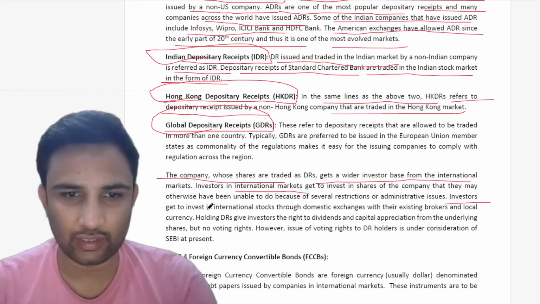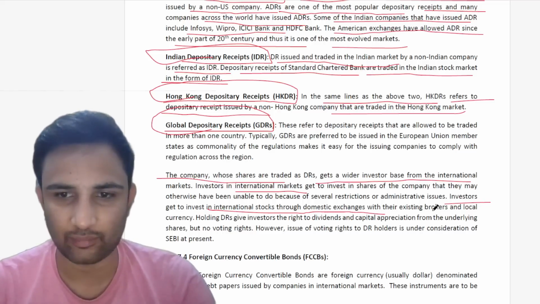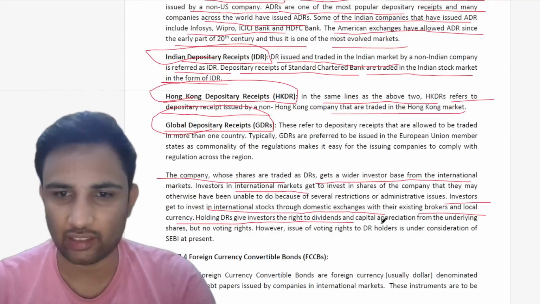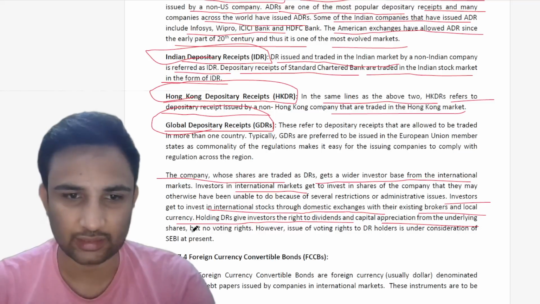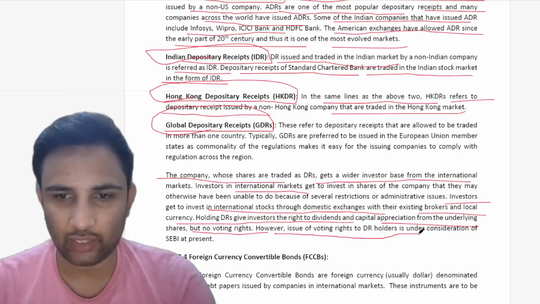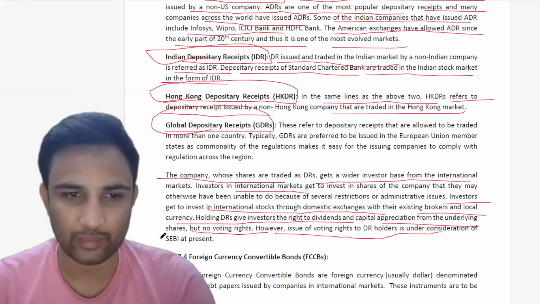Investors get to invest in international stocks through domestic exchanges with their existing brokers and local currency. Holding DRs gives investors the right to dividends and capital appreciation from the underlying shares, but no voting rights. However, the issue of voting rights to DR holders is under consideration of SEBI at present.